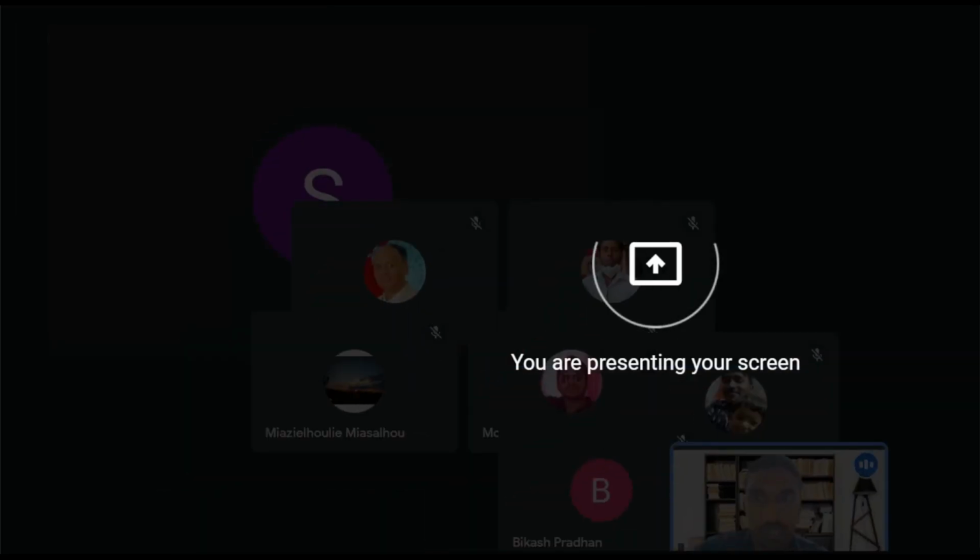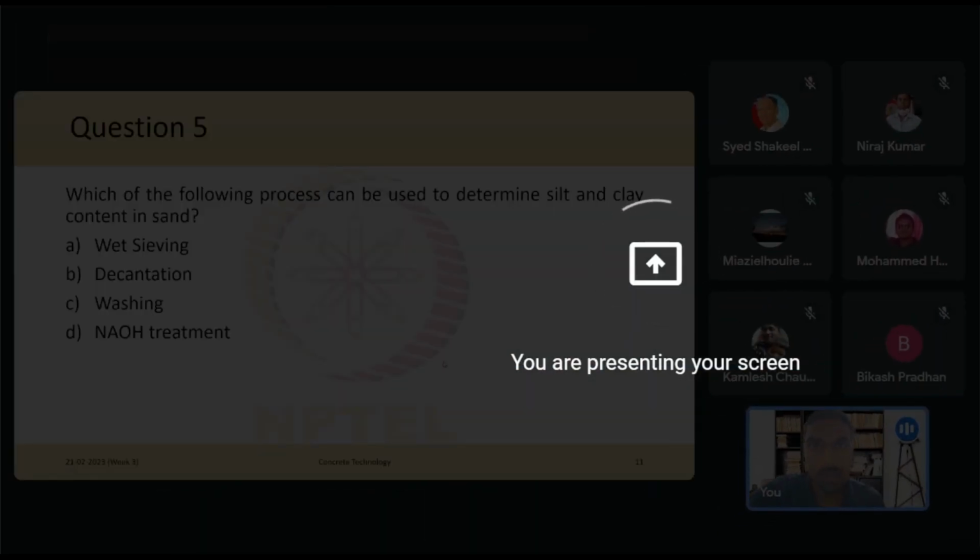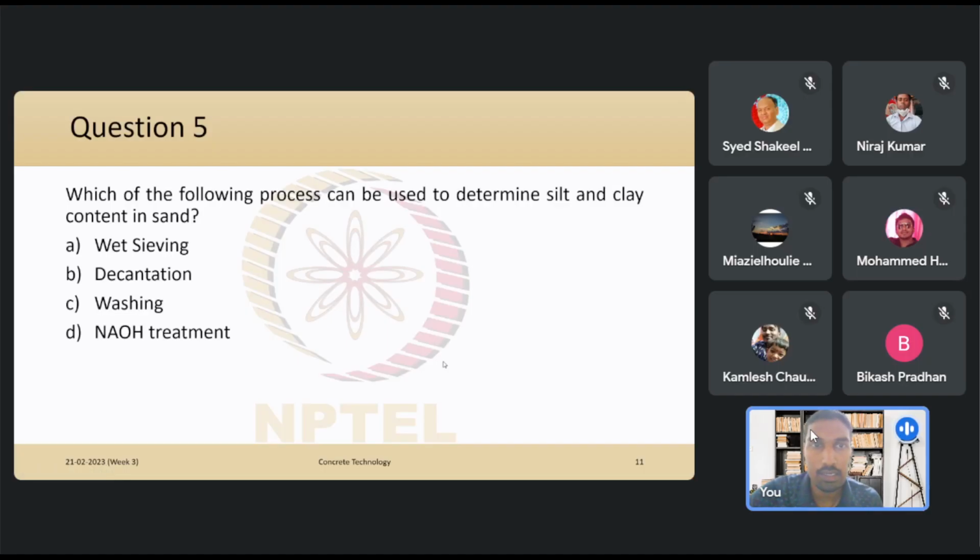Question number 5. Which of the following processes can be used to determine the silt and clay content in sand?